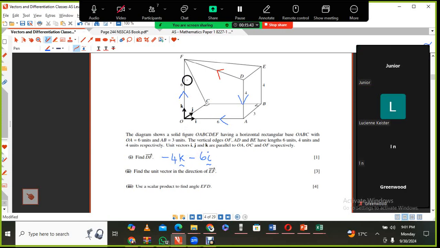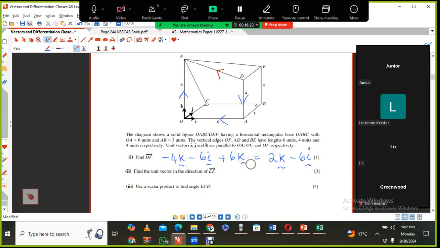And then you're going along here, which is going upwards, so it's plus 6K. Remember I first, then J, then K. But since there's no J, you will write 6K minus 4K minus 6I, that is 2K minus 6I. That's it. You don't have to write plus 0J there.